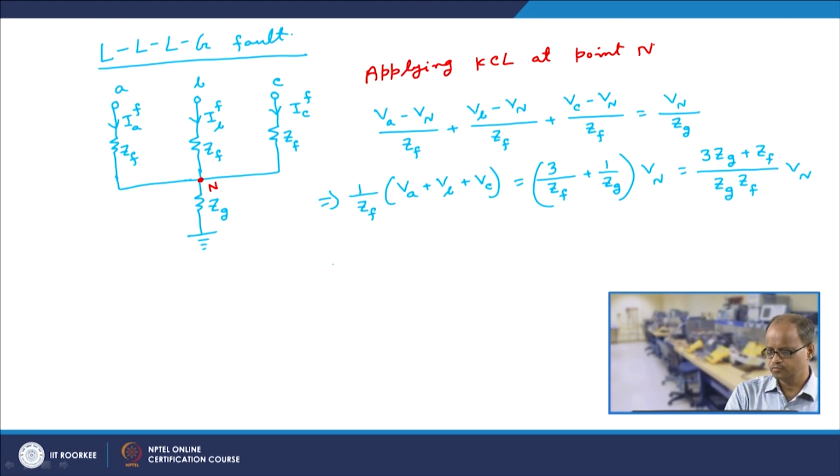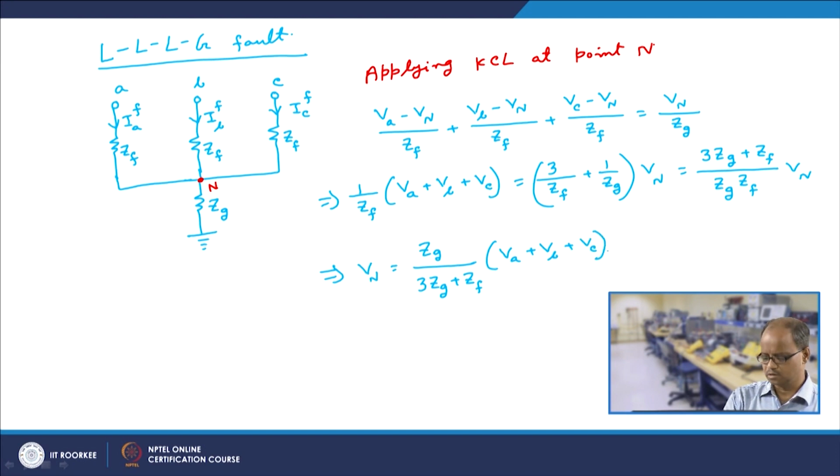Therefore Vn would be simply Zg by (3Zg plus ZF) into (VA plus VB plus VC). So, this would be the Vn.